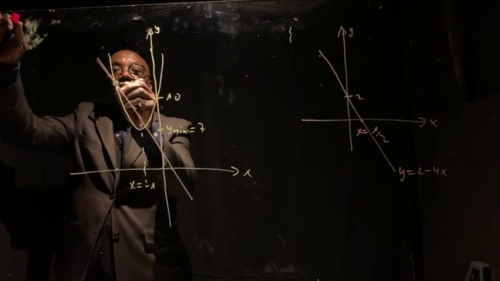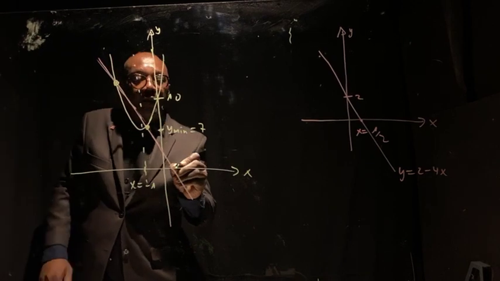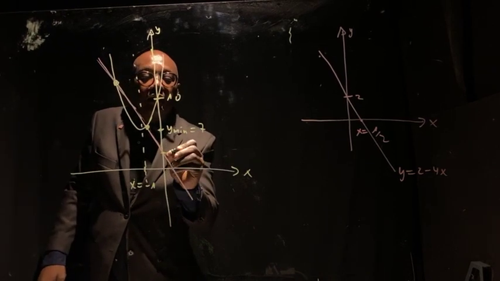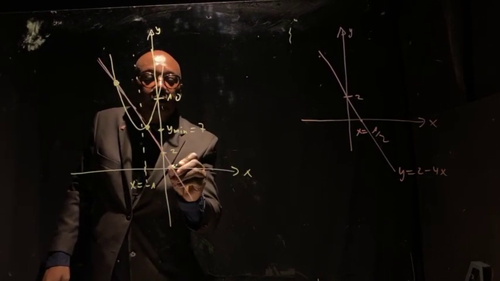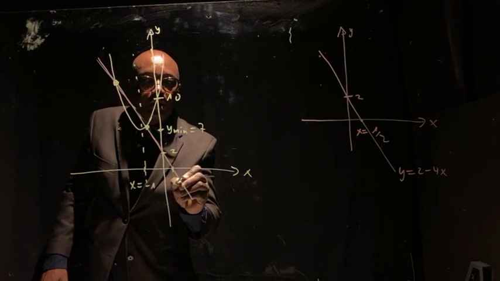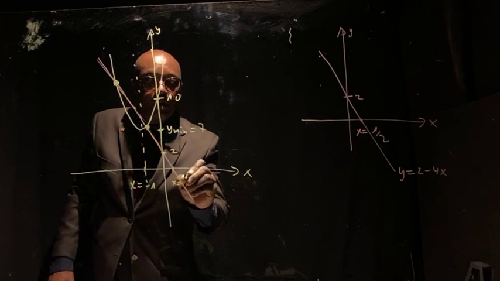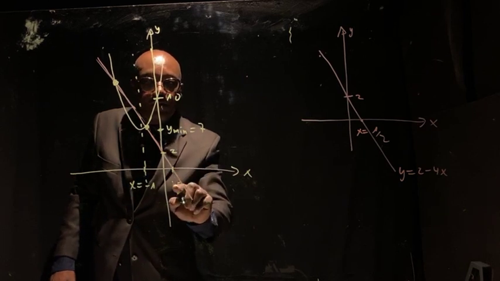So, these are the 2 points of intersection. And this is 2, and this is x equals half.